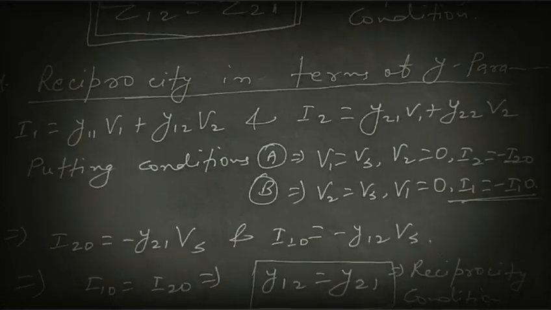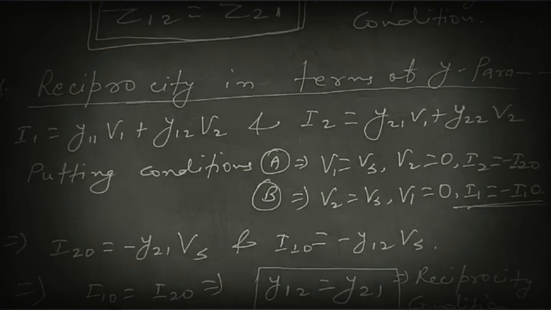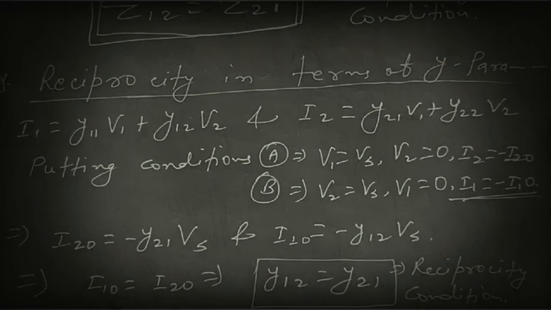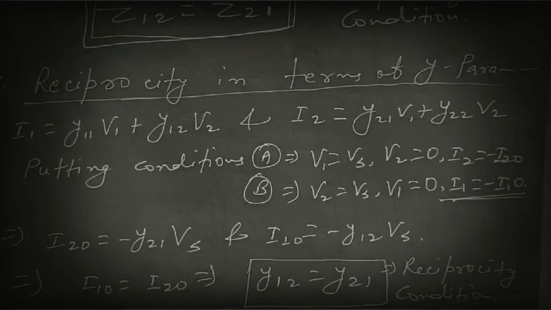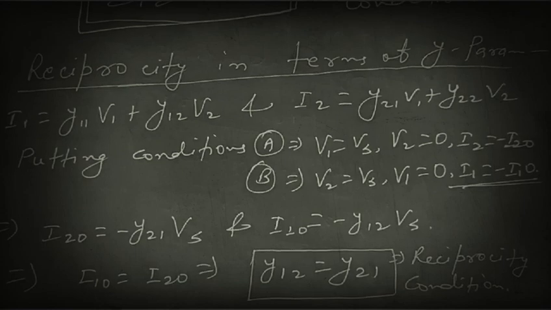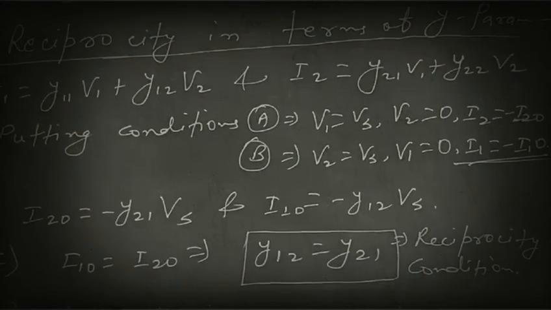By putting these conditions we get I20 equal to minus Y21 into Vs. Similarly, I10 is equal to minus Y12 into Vs. So if we make I10 equal to I20, from here we get Y12 equal to Y21. That is the condition of reciprocity in terms of Y parameters.